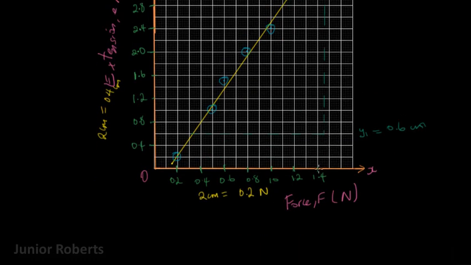Then to get x2 and x1, we'll get x2 right here. This is 1.4, so here would be 1.6. So our value for x2 would be 1.46.